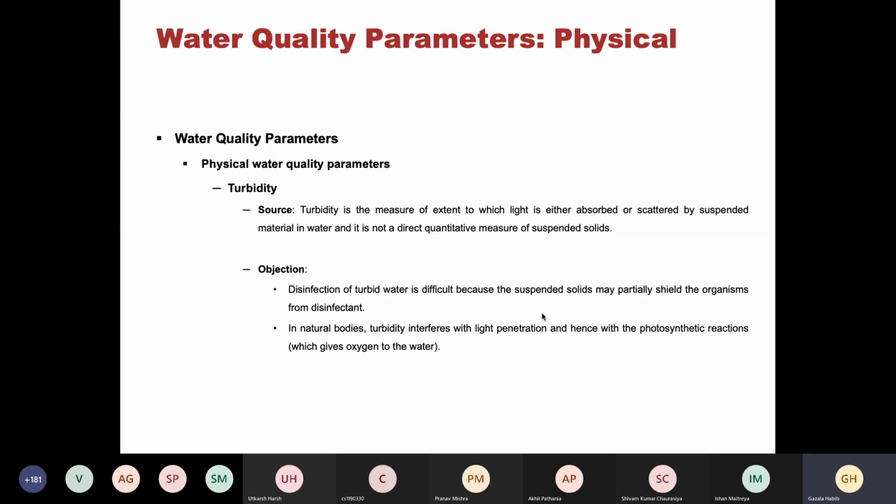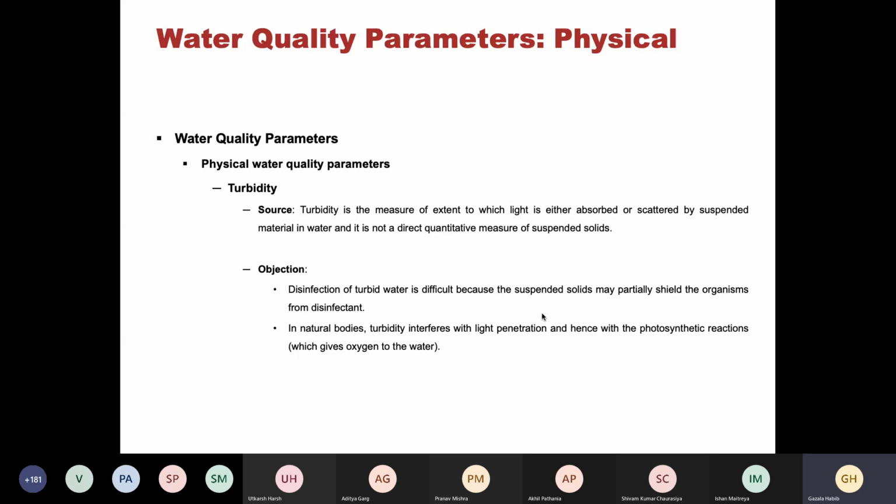So turbidity is a measure of the extent of light which is either absorbed or scattered by the suspended material, but these materials are mostly colloidal material, very, very small in size. So we can measure the turbidity also. That will also give us a quantitative measurement of suspended solid, but of very fine size.